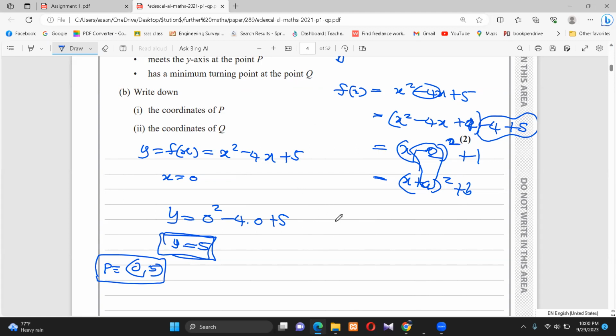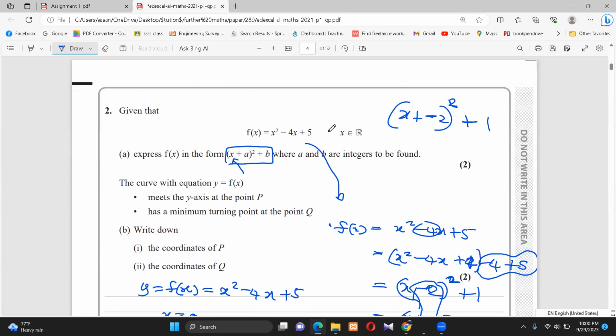Okay, so point Q. So the completing the square method. When you talk about the square method, there are a couple of advantages. Most students think that the square method is used for finding roots or factorizing a quadratic expression.